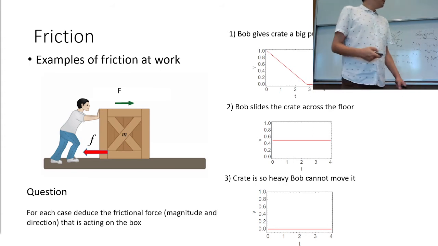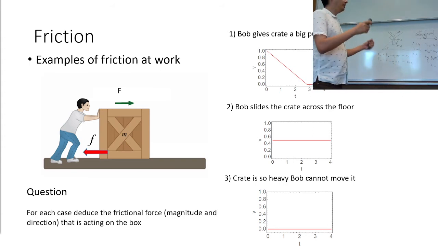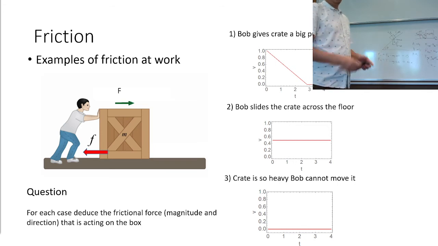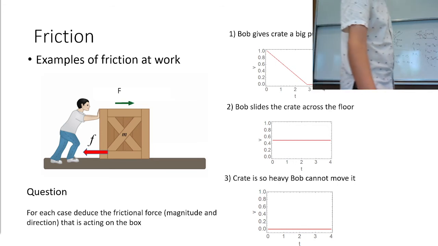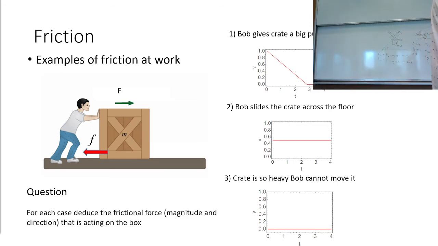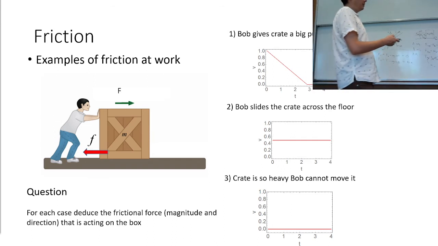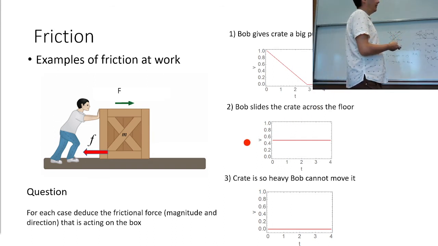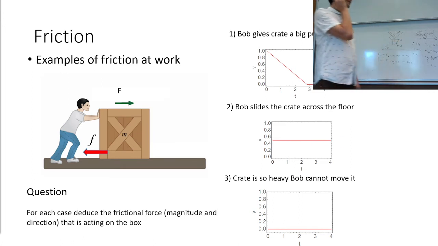Or you can think of the situation where Bob is sliding the crate across the floor at a constant velocity. So he's constantly pushing it, otherwise obviously it'll stop. In order to maintain constant velocity, he's always providing a force. And so in terms of the velocity profile, it's constant.